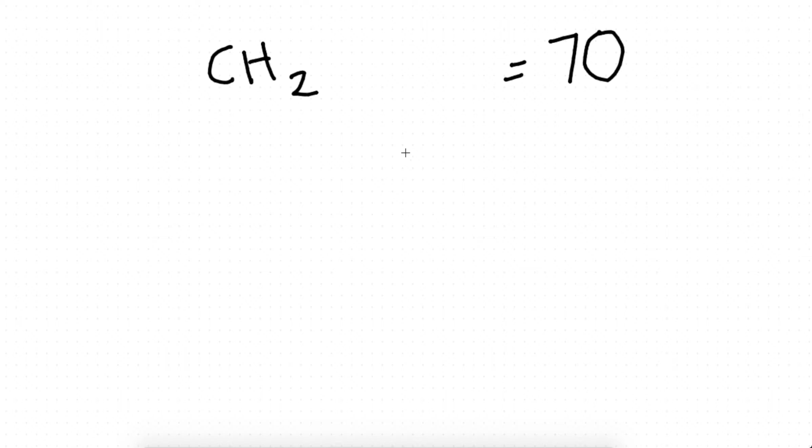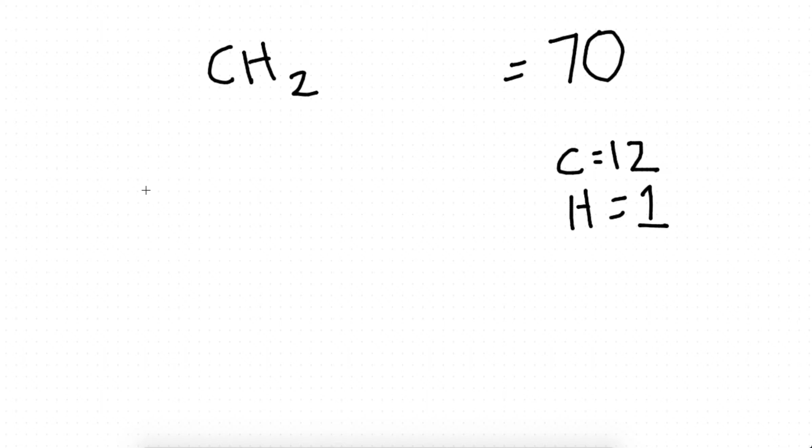We have the molecular mass. This is carbon, this is hydrogen. So we follow the same steps, guys. What is the relative atomic mass of carbon? Relative atomic mass of carbon is 12. Relative atomic mass of hydrogen is 1.